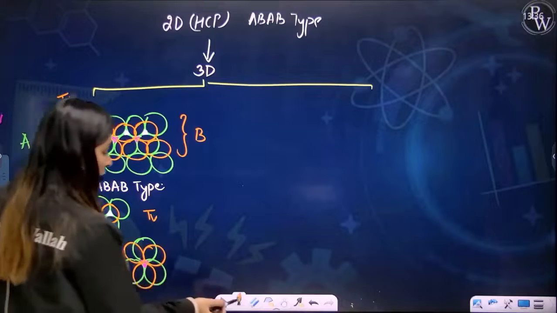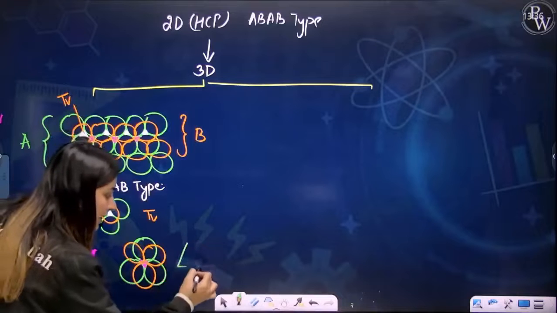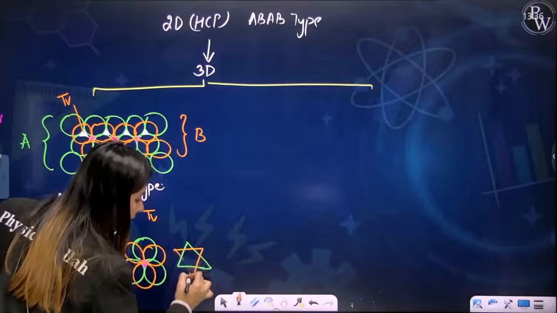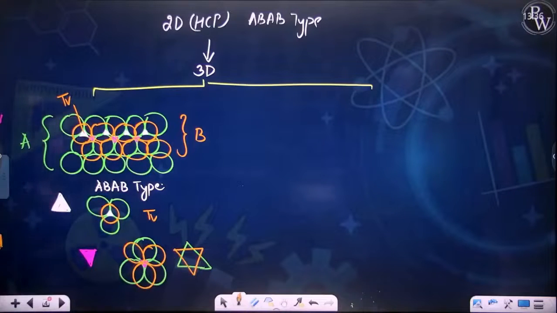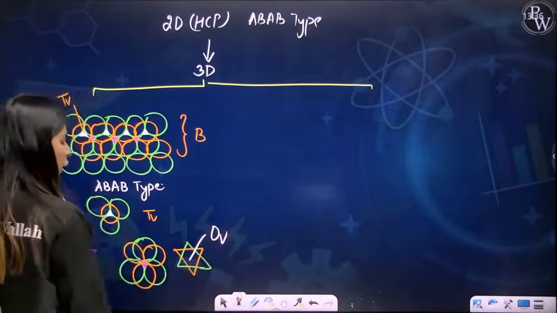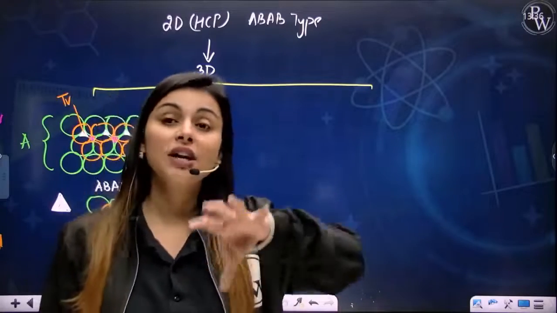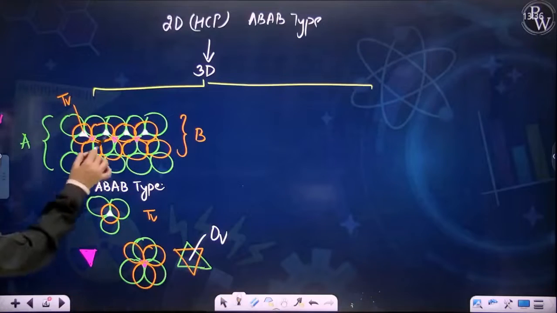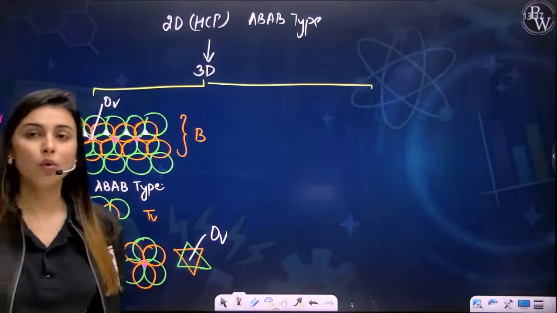So you are making a green triangle like this, and then an orange triangle like this. Which type of void is formed like this? It is an octahedral void, because it is made up of 6 different atoms. Inverted triangles make an octahedral void, right? So all these pink voids are your octahedral voids.